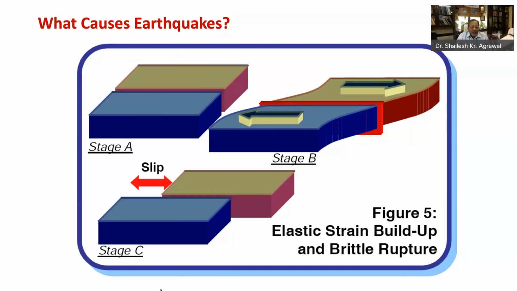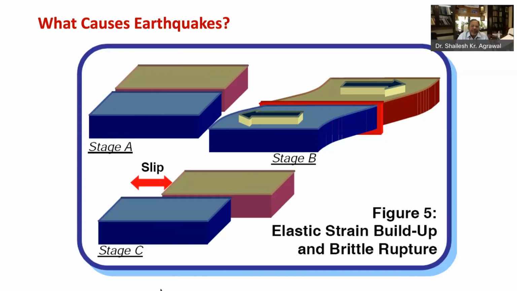This weak portion is called fault, and the opposite sides of the fault, which is a crack in the rock where this movement takes place, suddenly slip and release large elastic energy stored in the interface rock.